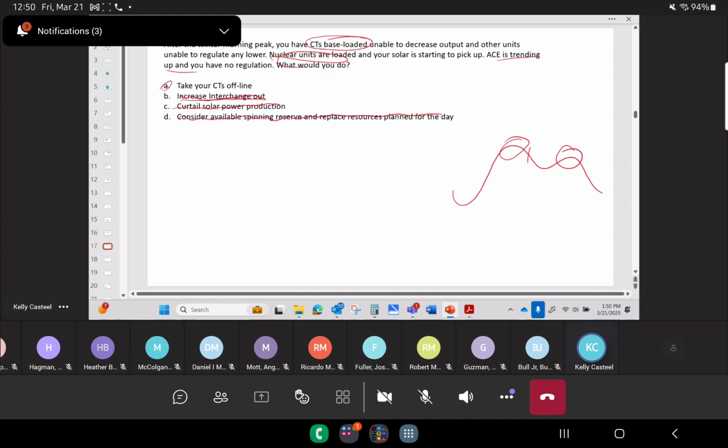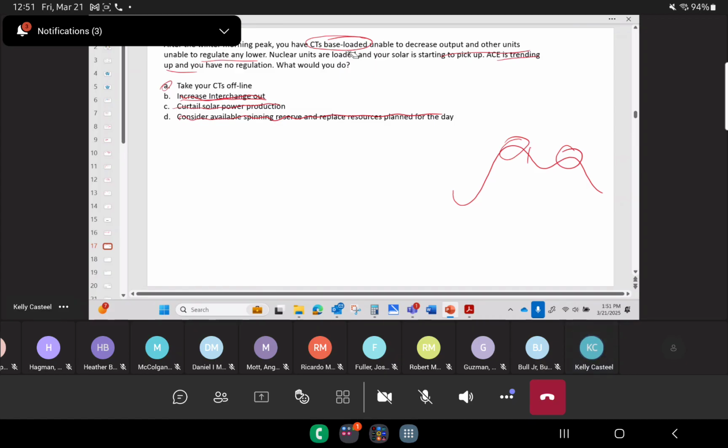We consider nuclear units base load, but they're base loaded at maximum. That terminology of base loaded essentially means that they're static. In other words, we've ramped them down and we're unable to ramp them down any further, just like all the other units are unable to regulate any lower. It simply means they're ramped down to their minimum.